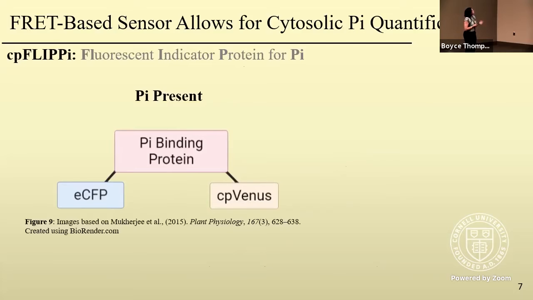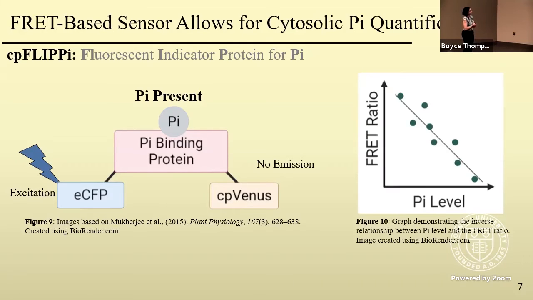When phosphate is present, it binds to this binding protein, and you see a conformational change that moves the two fluorophores away from each other. So when you excite the one fluorophore, you get no emission. Through this, we're able to do a quantification where we can see that as the phosphate level increases with the sensor present, the FRET ratio, which is a corrected measurement of the emission of this fluorophore, drops.